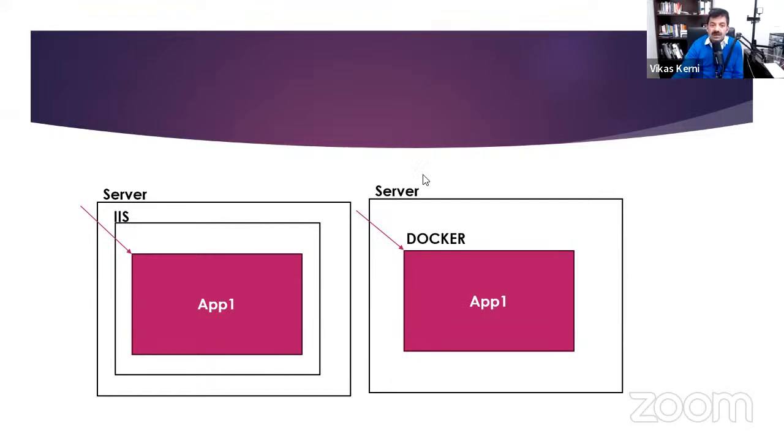You don't have to check what IIS version it was running, whether it was IIS 5.0 or 6.0. You just move it. I think even the .NET Core framework gives you some options where you can deploy your web server in the app and it can listen to the port.